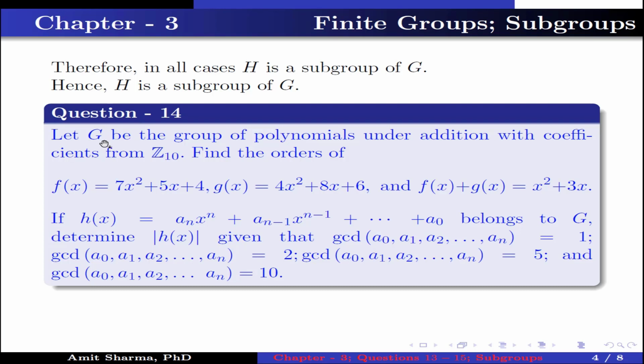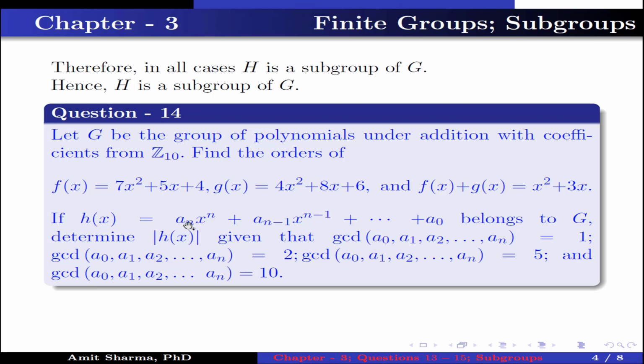Question number 14. Let G be a group of polynomials under addition with coefficients from Z10. Find the order of f(x) = 7x^2 + 5x + 4, g(x) = 4x^2 + 8x + 6, and f(x) + g(x) = x^2 + 3x.